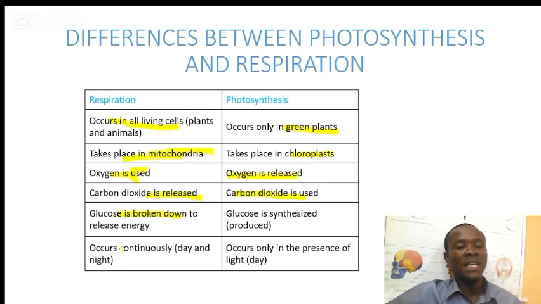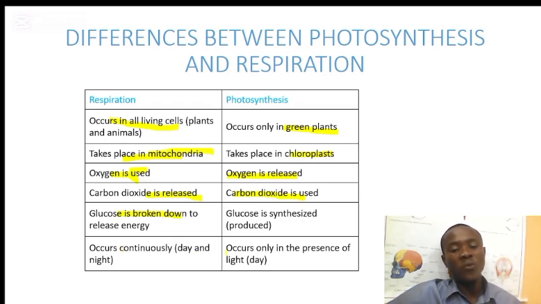And lastly, the process of respiration occurs continuously. Whether you are awake, day or night, as long as you are alive, respiration is occurring continuously.